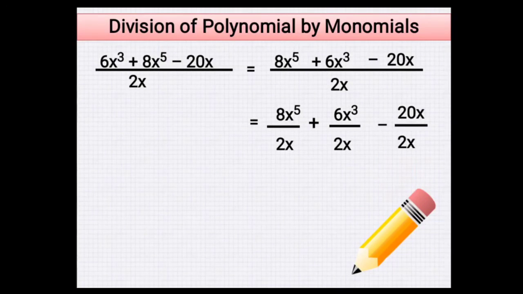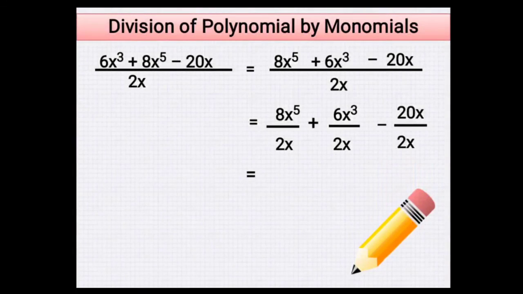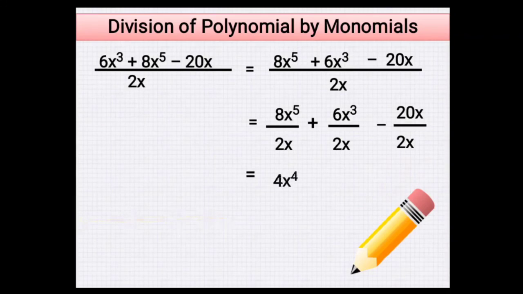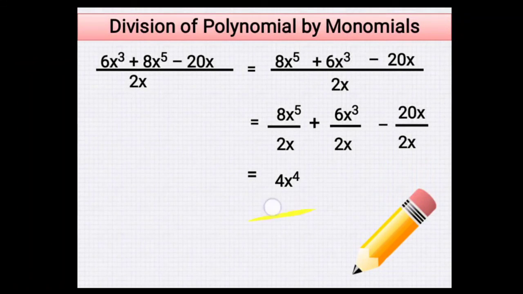Then let's simplify. 8 divided by 2 is 4. Then subtract the exponent of x. 5 minus 1 is 4. So we will have 4x to the 4th power.